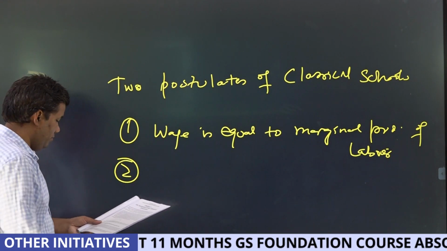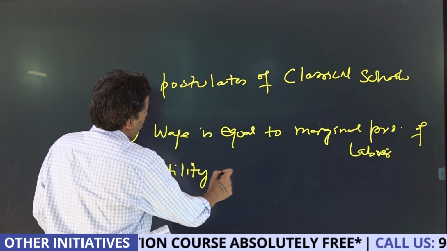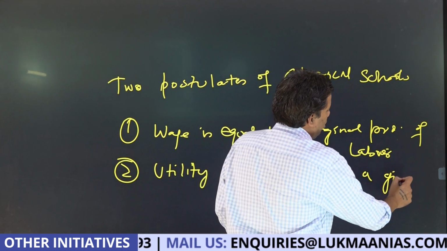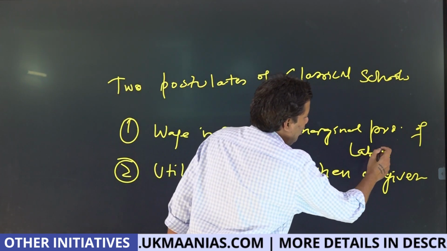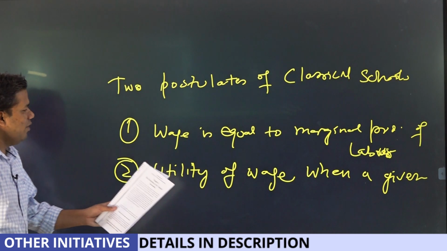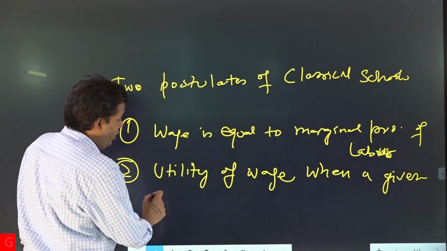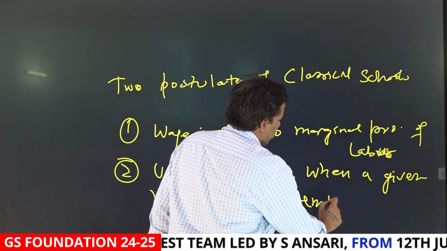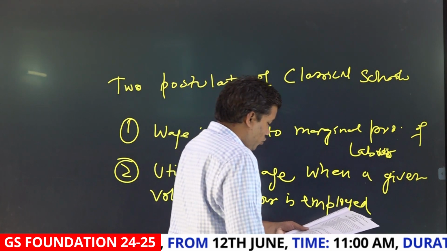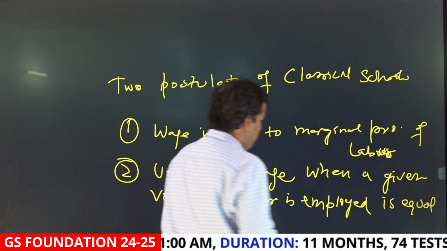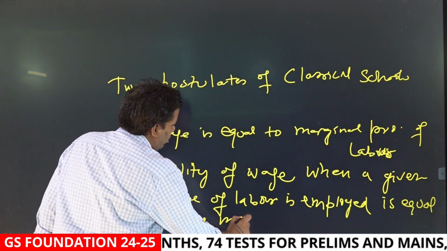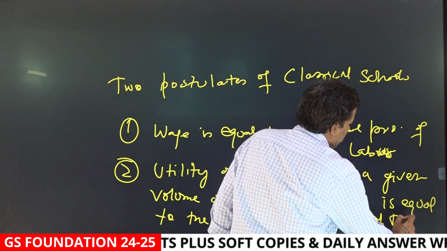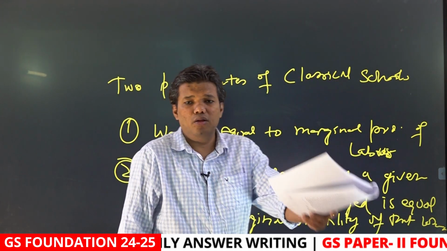Second, the utility of the wage when a given volume of labor is employed is equal to the marginal disutility of that labor. Excuse my spellings, but please note it down.